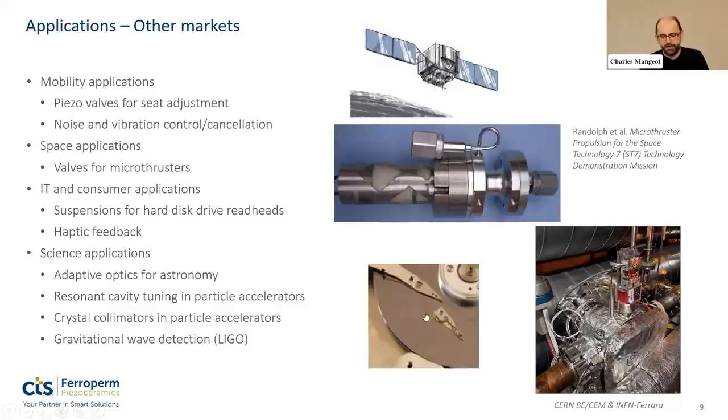We have IT applications, hard disk drives, for example, where it's again a vibration compensation or vibration control application, where when you move the read head, it has to move very fast, obviously, and you don't want it to vibrate when it gets into position. So you want to absorb this vibration and be able to position it exactly at the location that's interesting for you.